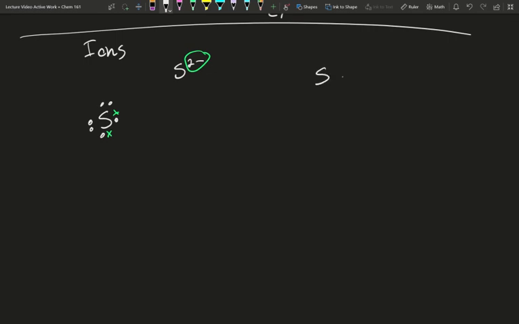If I go and make something like SO4 2-, a sulfate. Well, at first, sulfur followed by 4 atoms. It's probably a sulfur in the middle and 4 oxygens around it. We'd put the 6 electrons on each.